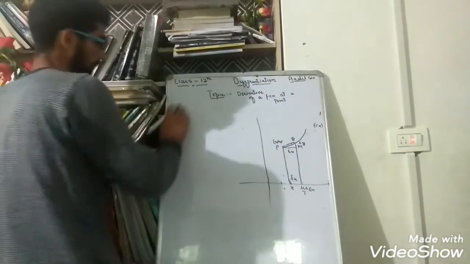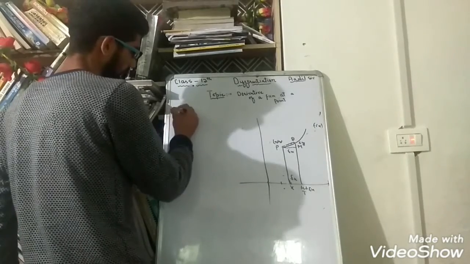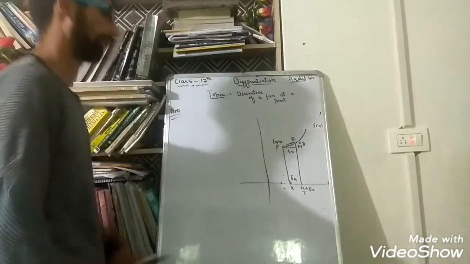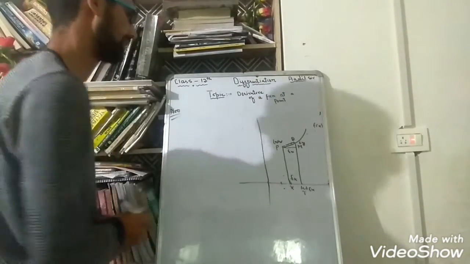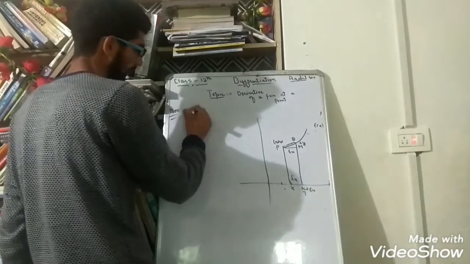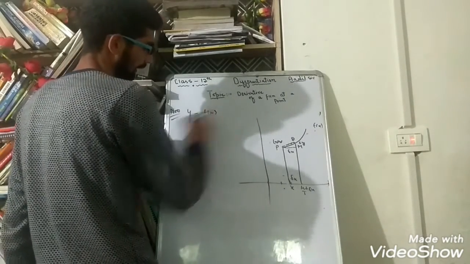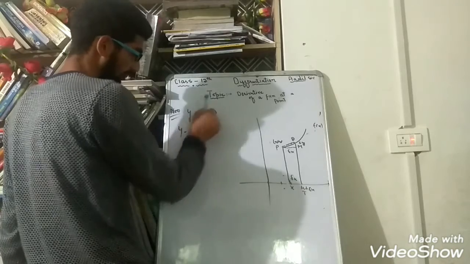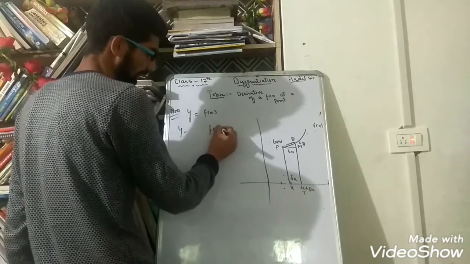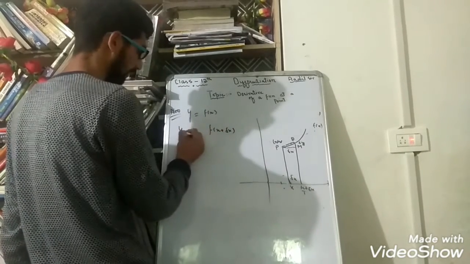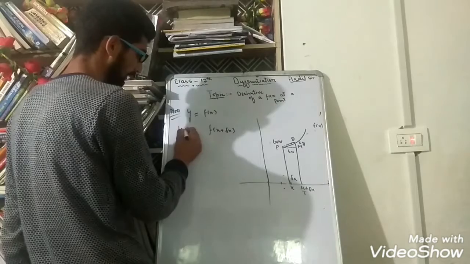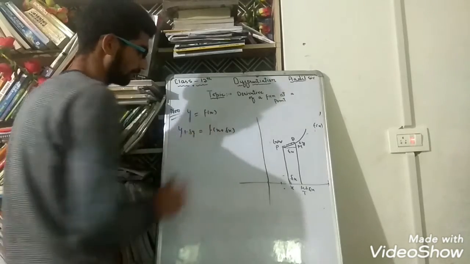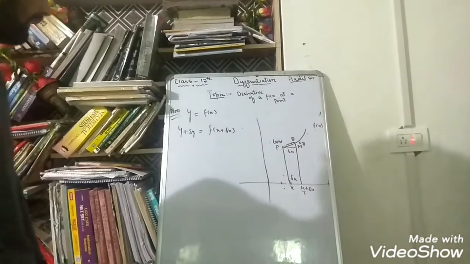Now suppose we have y is equal to f of x, and when we give the increment to x, we get y plus del y, and this becomes equal to f of x plus del x.